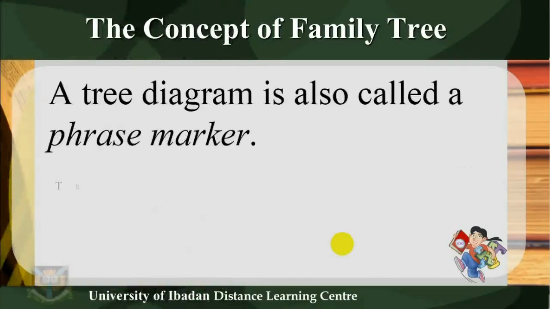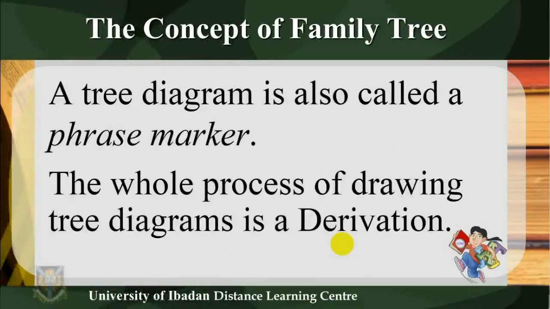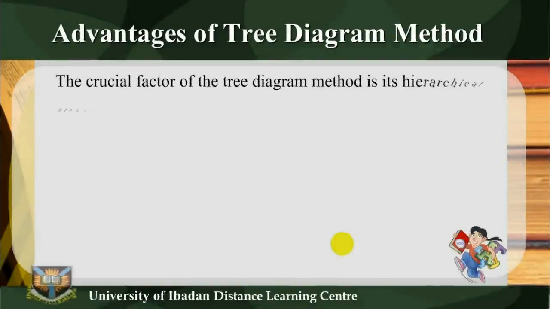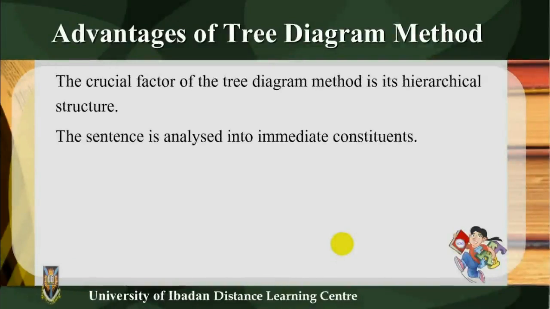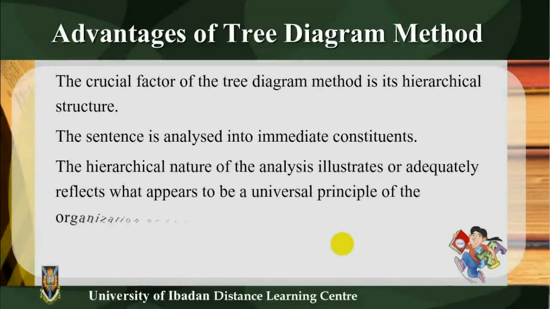A tree diagram is also called a phrase marker. The whole process of drawing tree diagrams is a derivation. Advantages of the tree diagram method. The crucial factor of the tree diagram method is its hierarchical structure.